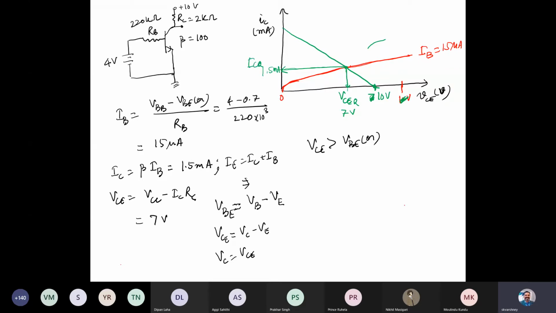Now what I'll do here is change this input voltage. Instead of 4 volt, let's have 8 volt.